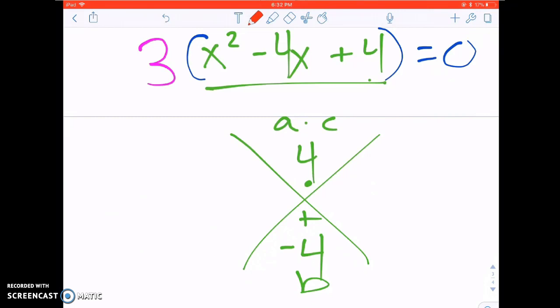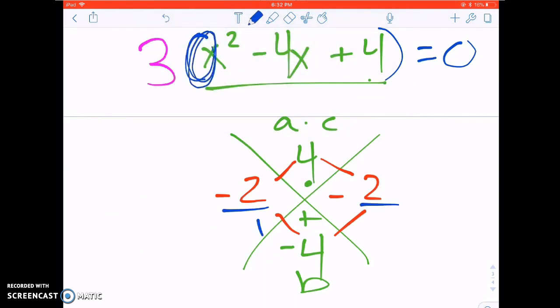Well, if they multiply to be positive and add up to be negative, I know they're both going to be negative. And it's looking to me like our numbers are negative 2 and negative 2. Double check. Negative 2 times negative 2 is 4. Negative 2 plus negative 2 is negative 4. Perfect. And now we just have to divide them both by A, which in this case is 1.